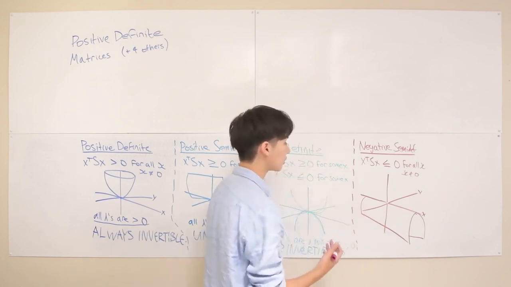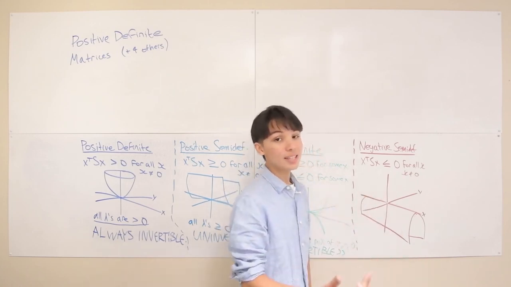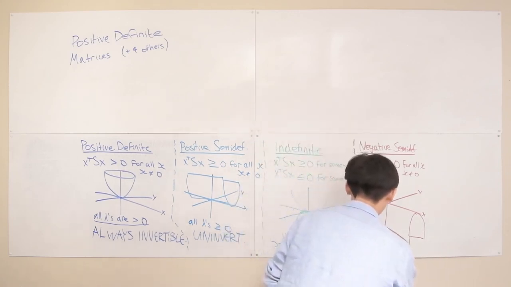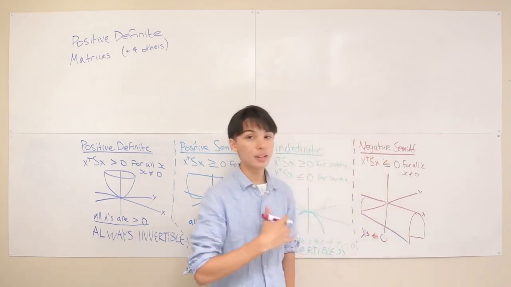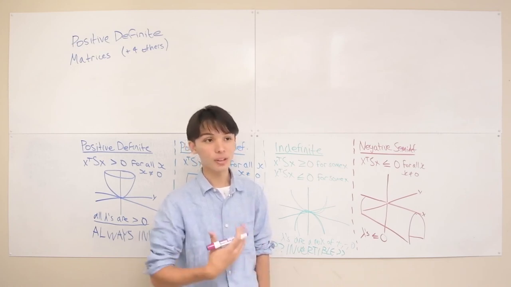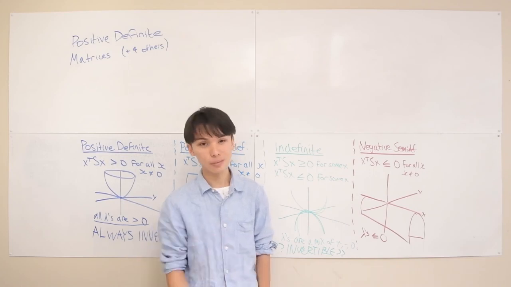And we know a matrix is negative semi-definite generally if its eigenvalues are less than or equal to 0. All right. And remembering that I quickly mentioned that if at least one of a matrix's eigenvalues is 0, then it's uninvertible.